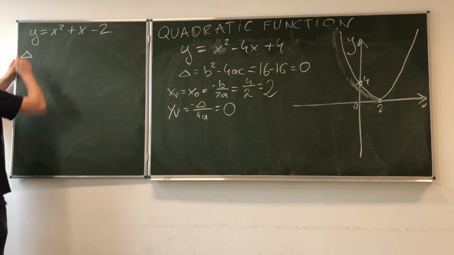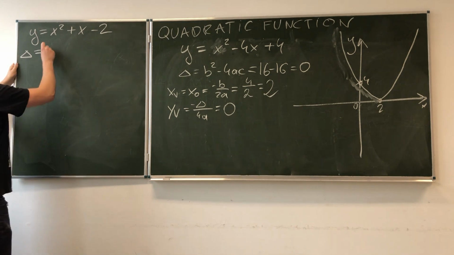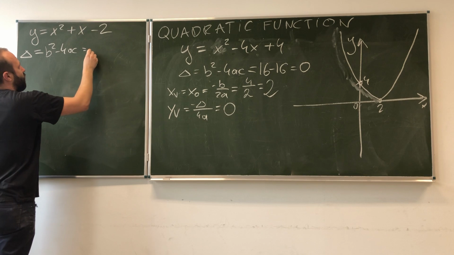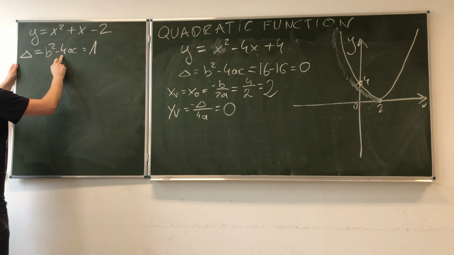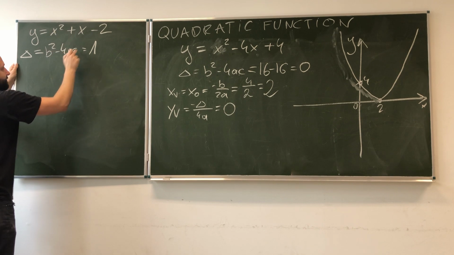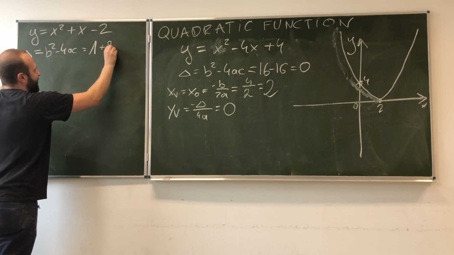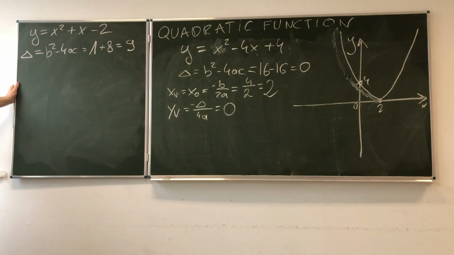We get delta is equal to b squared minus 4ac, which is 1, then minus 4 times 1 times negative 2, which gives us plus 8. This is equal to 9.